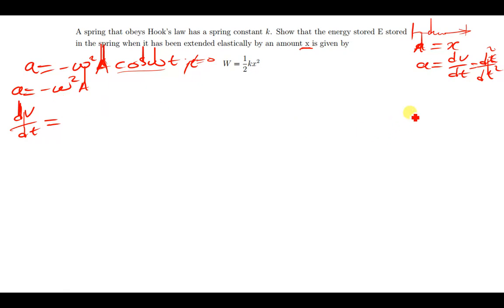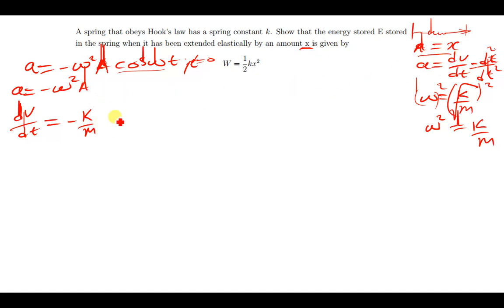If you remember well, omega is equal to the square root of k over m. If we say omega squared, we square both sides, so this side remains with k over m. So where there is omega squared, we put k over m, and where there is a, we put x.